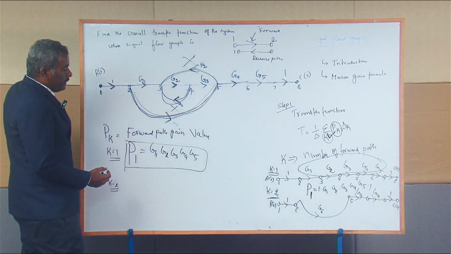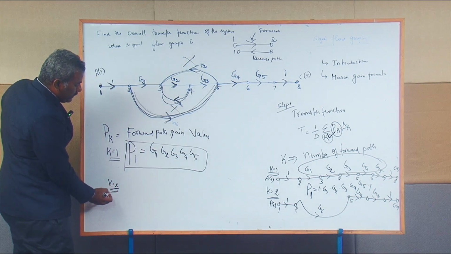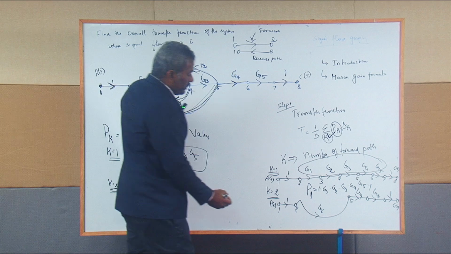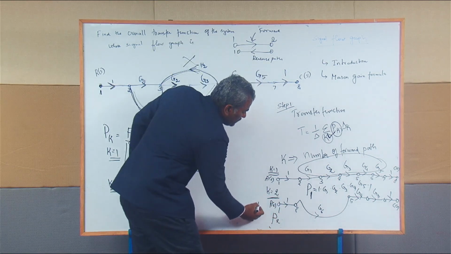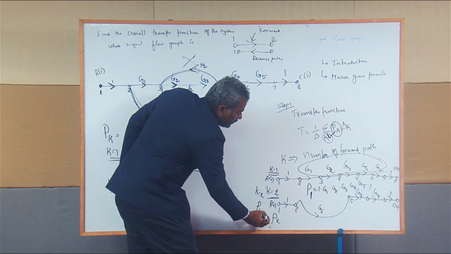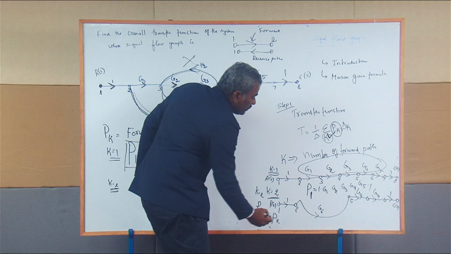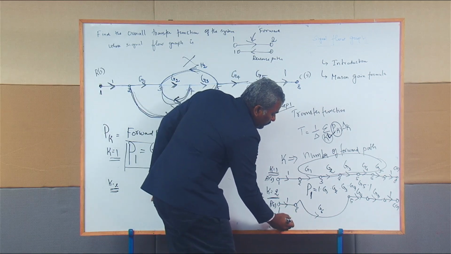Next, the forward path gain value of the second forward path, that is k equal to 2, which is given as p suffix 2. The p suffix k, where k equal to 2 has been substituted, becomes p suffix 2, which is equal to: from node 1 to 2 you may find the gain value as 1.